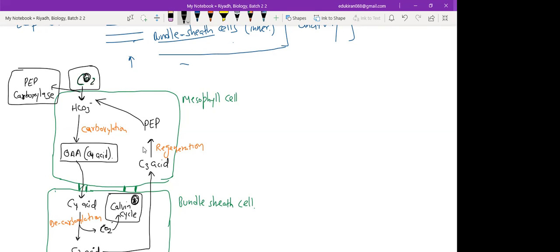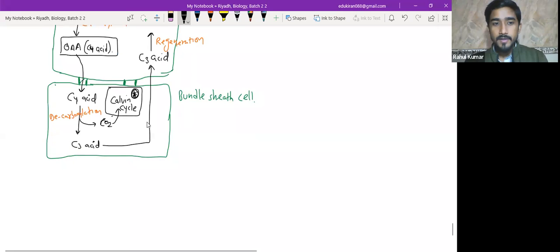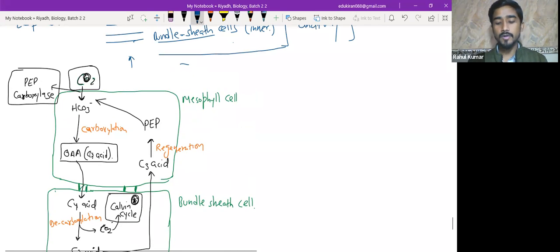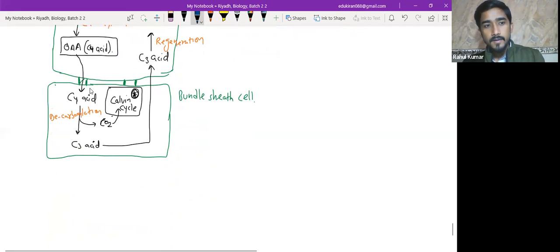Okay. So let me also tell you certain things. I'll use a blue color to mark it. So when CO2 enters, PEP carboxylase converts it into oxaloacetic acid. This oxaloacetic acid crosses the plasmodesmata and goes into the bundle sheath cell.